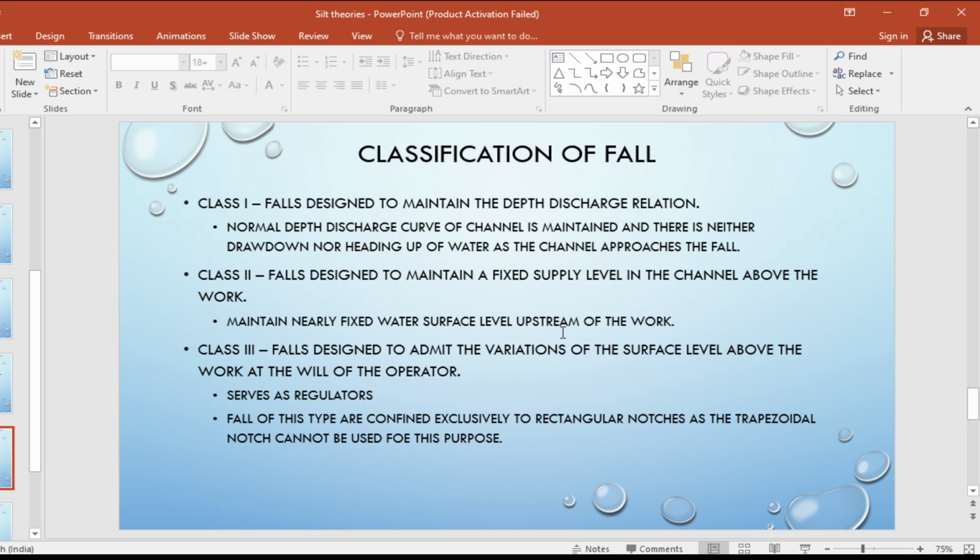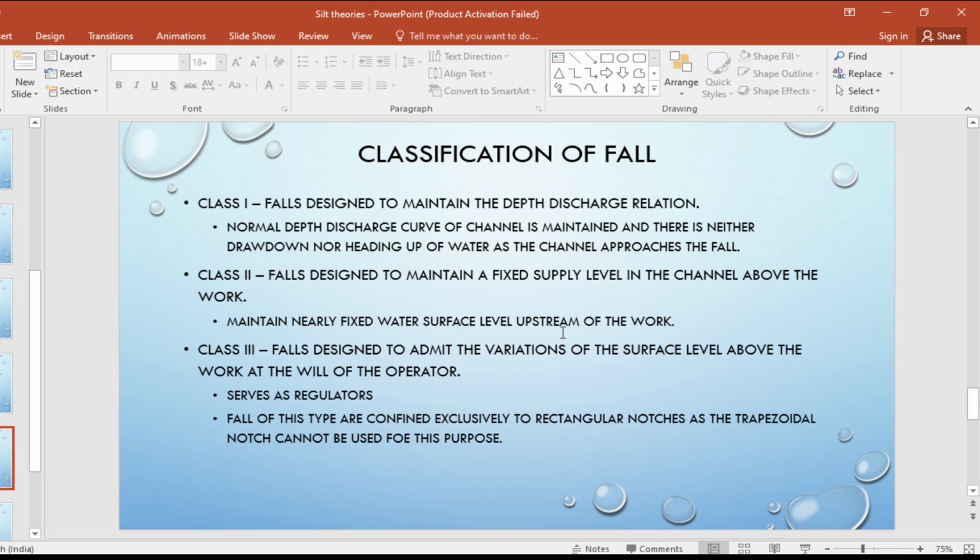The crested falls are generally constructed without fluming, and hence discharge intensity per unit length of crest is low. Here energy dissipation is simpler. It can also be used as a meter fall. Okay, that means it can also measure the discharge through that canal.